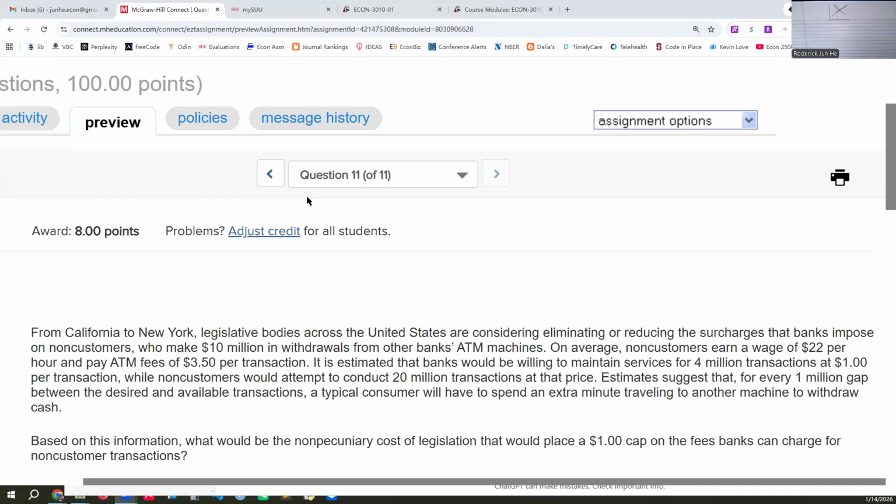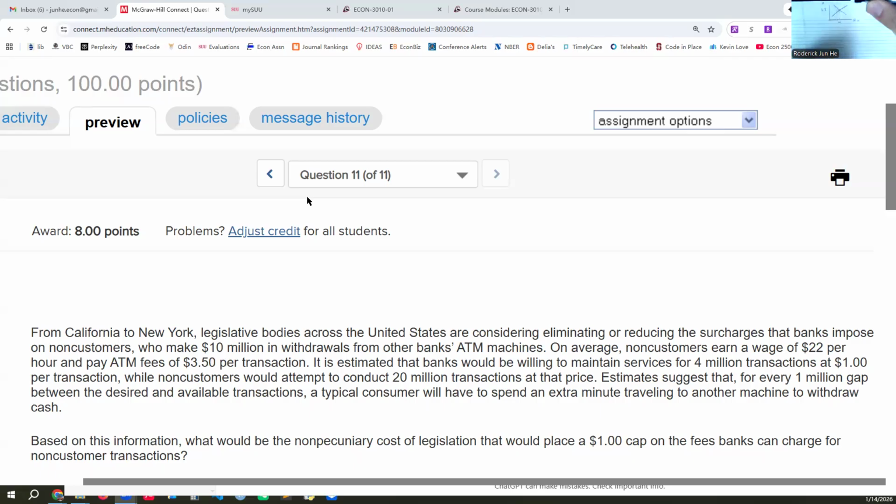And here, on average, the price is the ATM fee. Here it is 3.5 per transaction, and normally there are 10 million withdrawals. So that's the quantity, at the level of millions.